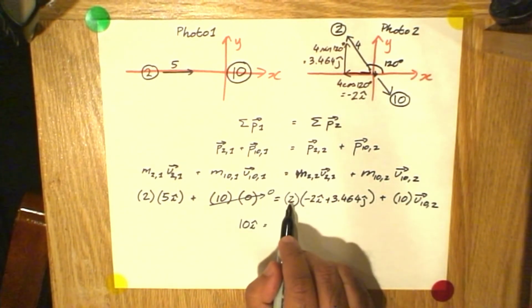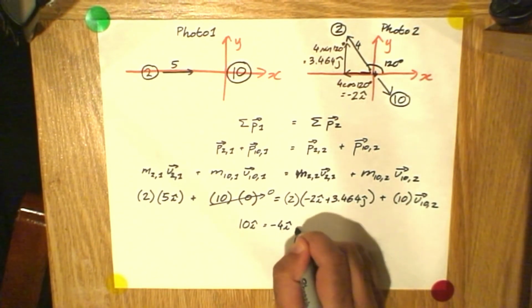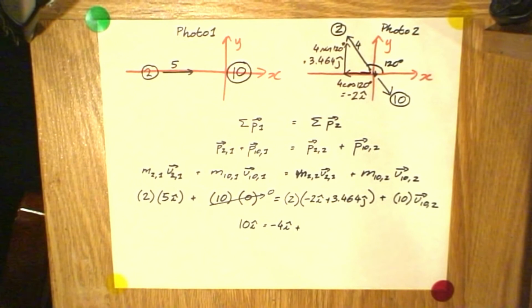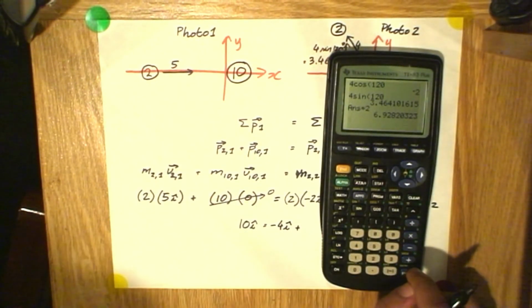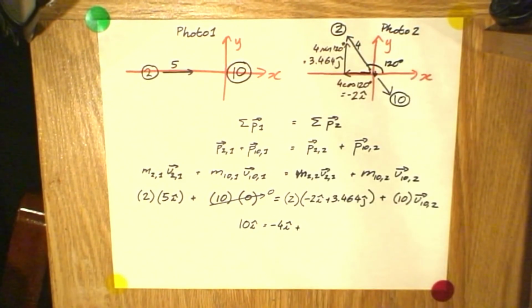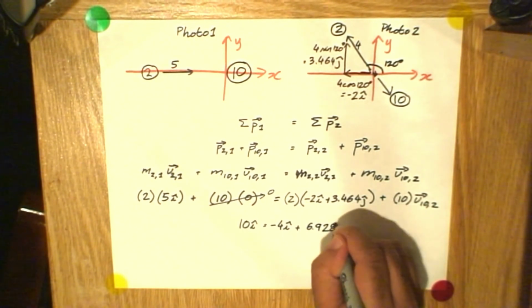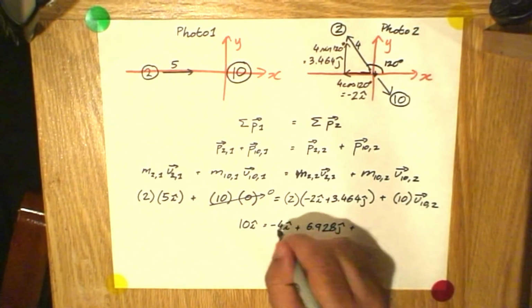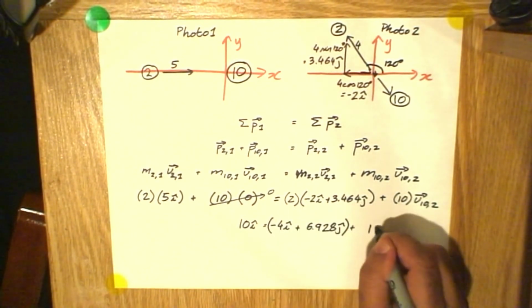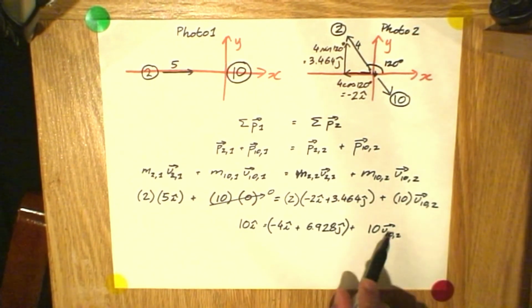This is equal to 2 times -2, which is -4 i hat, plus 3.464 multiplied by 2, which is 6.928 j hat, plus 10 multiplied by that second velocity of the 10 kilogram object.